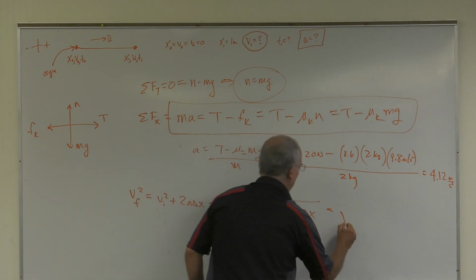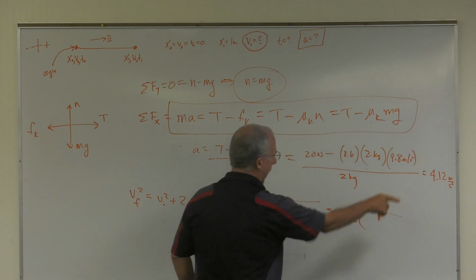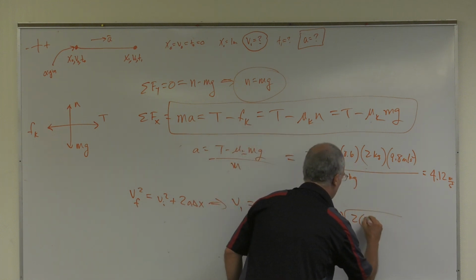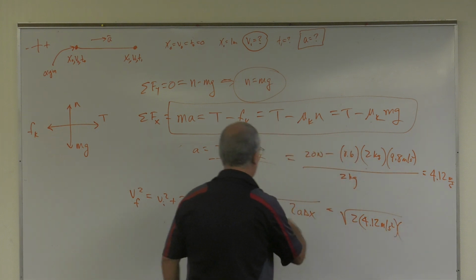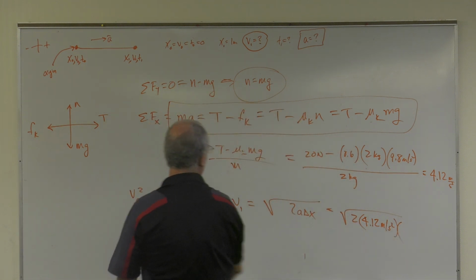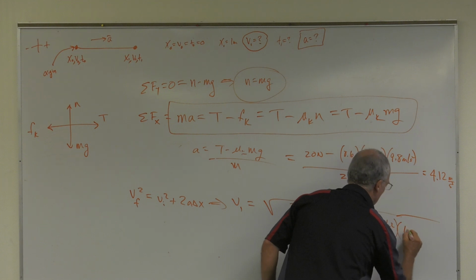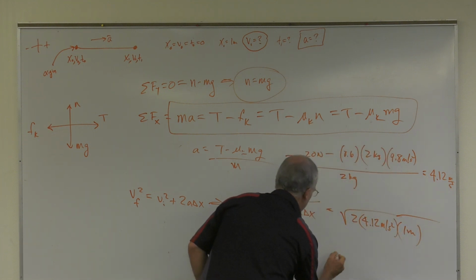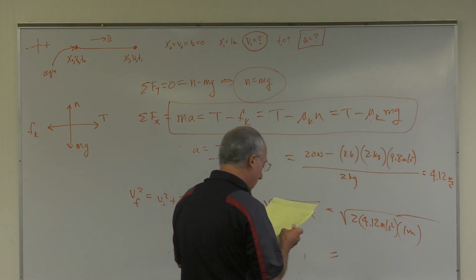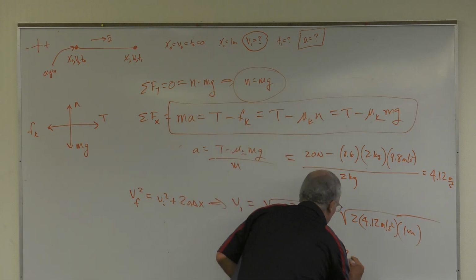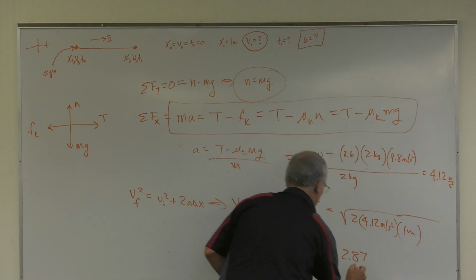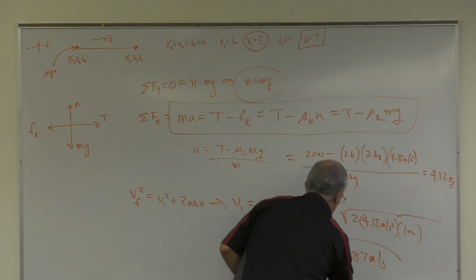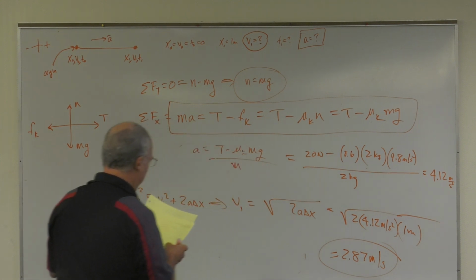So we have the square root of 2 times A, which we just figured out, times delta x, which is 1 meter. And that comes out to be 2.87 meters per second.